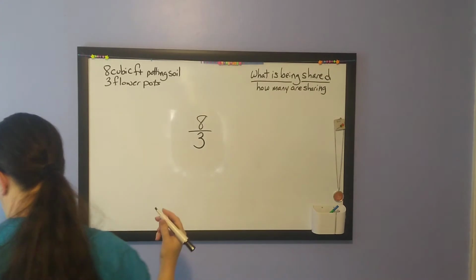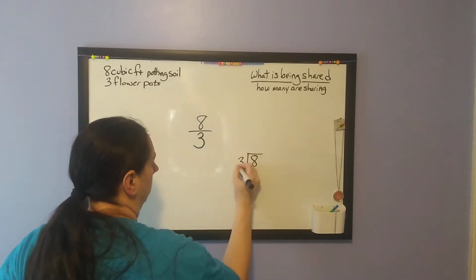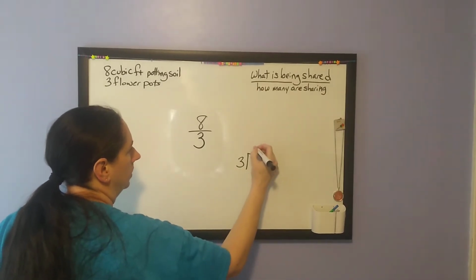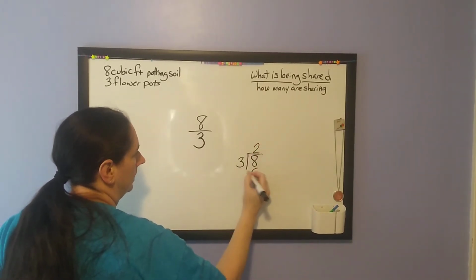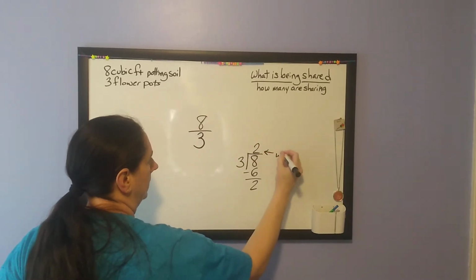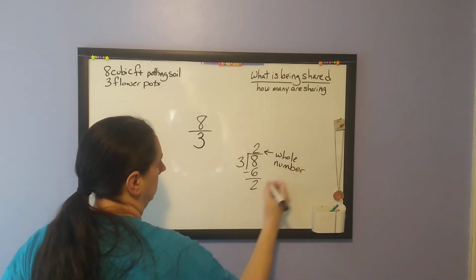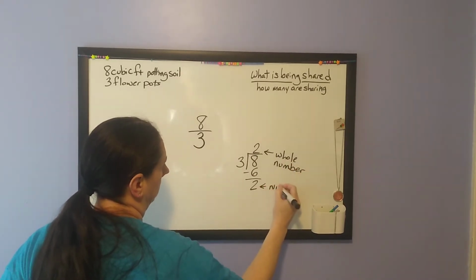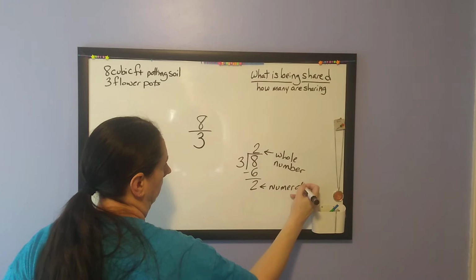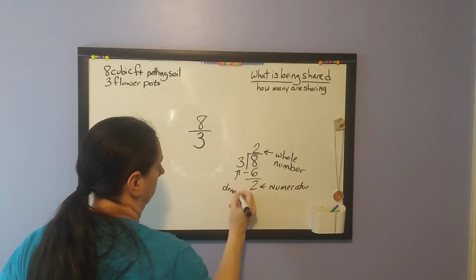So now I'm going to solve this and say, well, 8 divided by 3, I can do 2. 2 times 3 is 6. 8 minus 6 is 2. Remember that this is my whole number. My numerator. And this stays as my denominator.